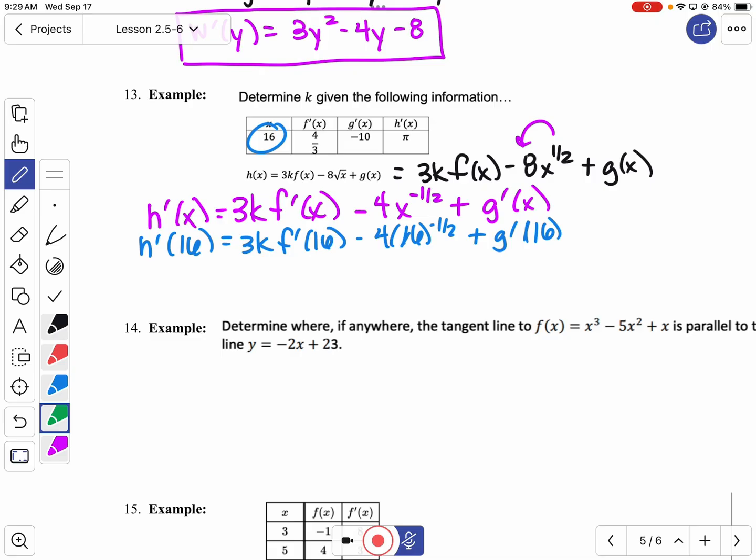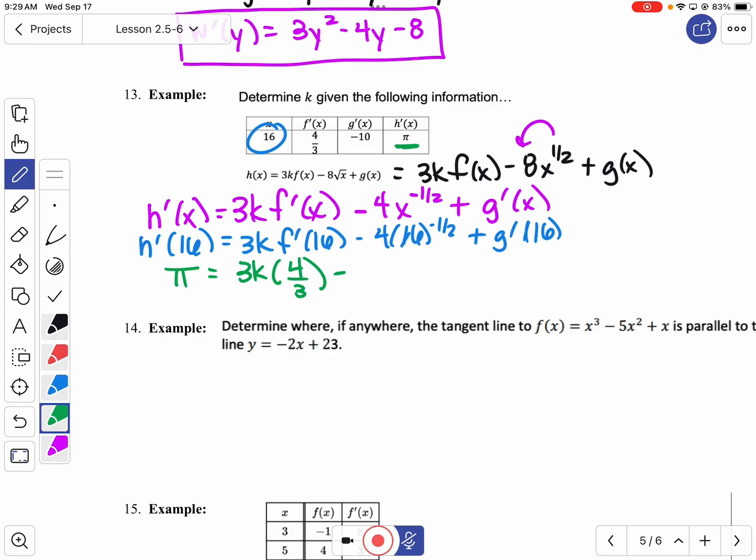Using the table, what's the value of h prime at 16? It's pi. We're going to keep our 3k. What's the value of f prime at 16? 4/3.